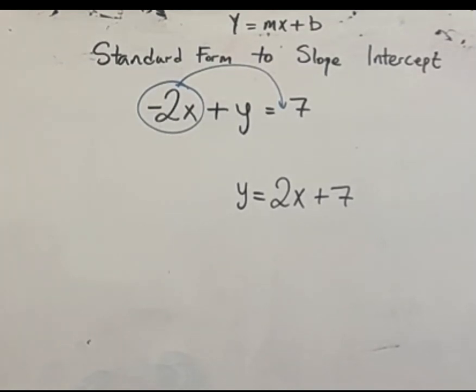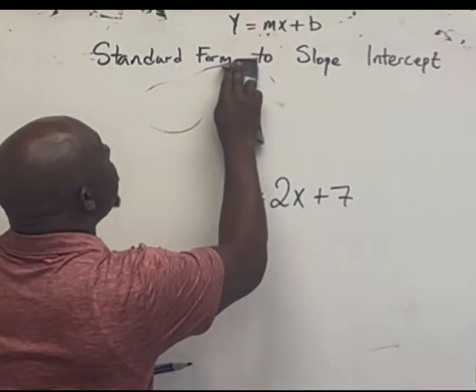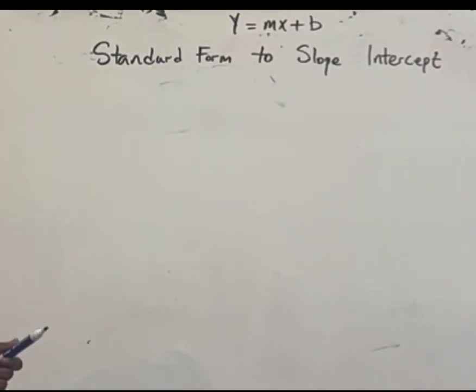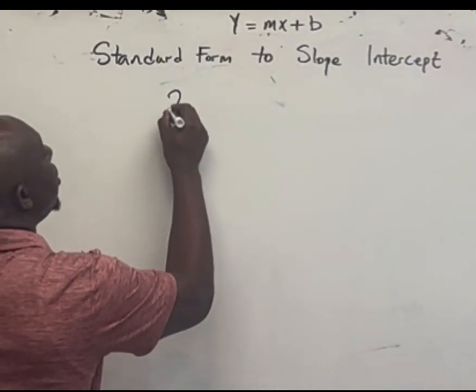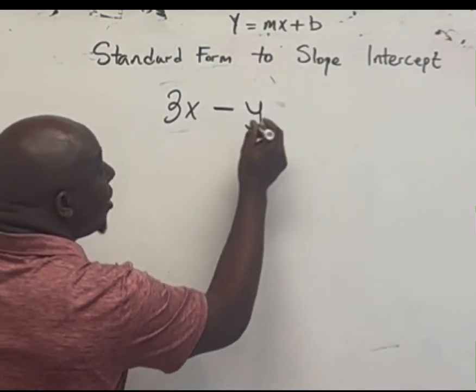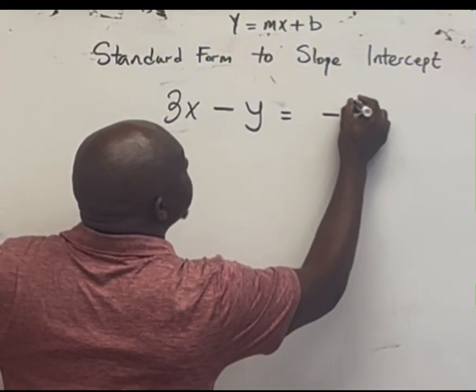All right, what if the y is not alone? That's what we're going to do next. Now everyone got this. It can also look like this: 3x minus y equals negative 7.